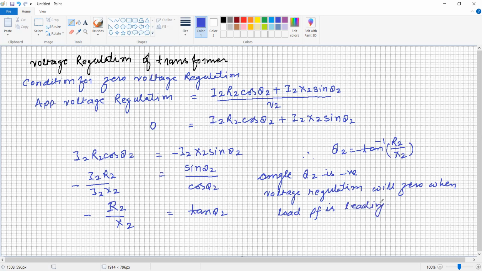The leading power factor may be 0.9 leading or 0.8 leading, but the voltage regulation becomes zero at a leading power factor. So this is one more additional condition we have.